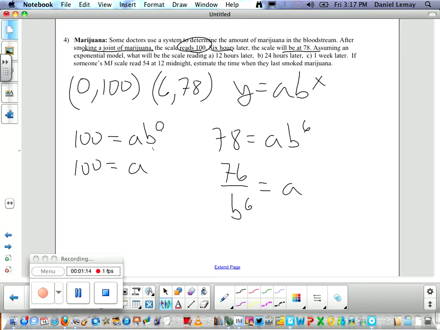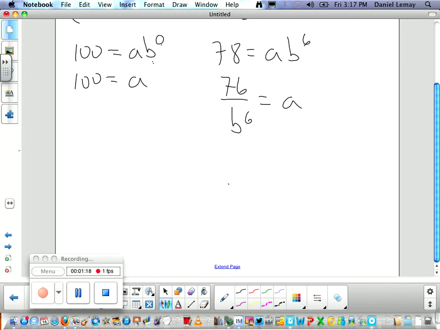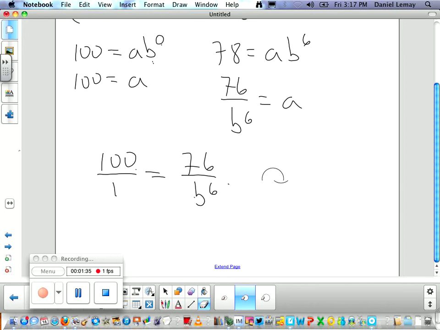Okay, now I can set those expressions equal. So I know that 100, I'm going to write this as over 1 so it's a proportion, equals 76 over b to the 6th. And now since it is a proportion, I can just find the cross products. So 100 times b to the 6th equals 76.